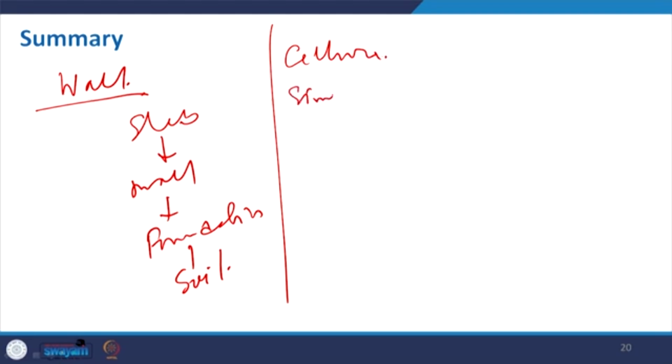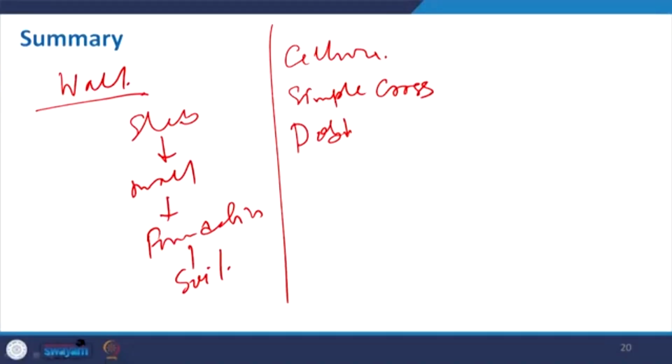Then we have simple cross, where the parallel walls are constructed to welcome light and maximize the light, and this kind of arrangement can be helpful where we go for very identical rooms placed one after another, like a hostel or hotel. Then double cross, where on both the x and y axis we put some structural walls, and in order to welcome light we provide some non-structural walls and create the openings.